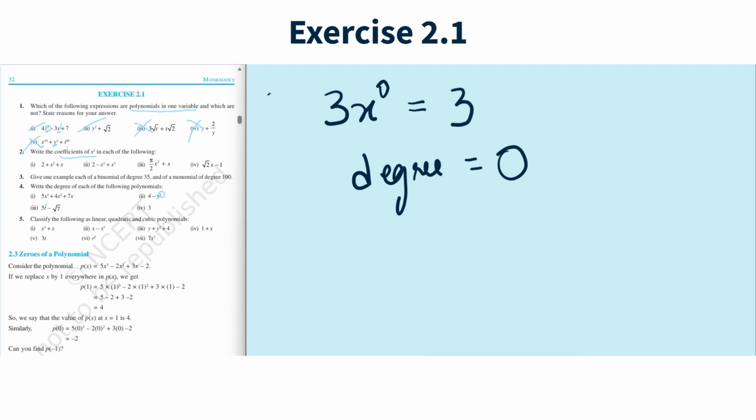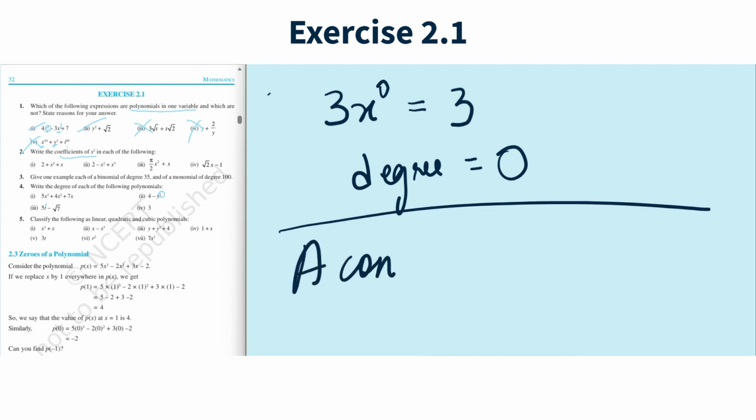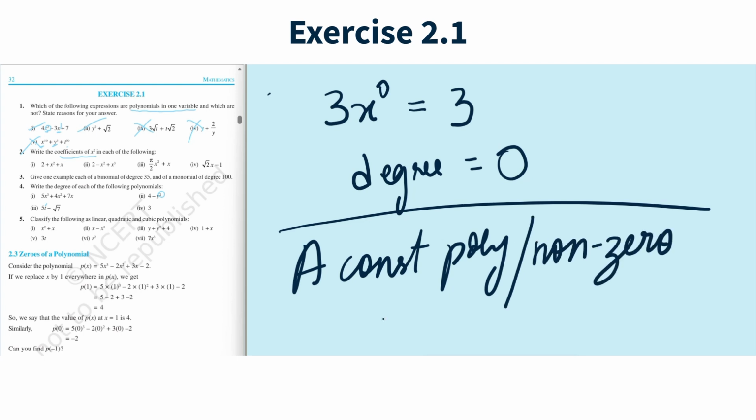So in general, you can remember a constant polynomial, which is also called a non-zero polynomial, always has degree 0. Let's just consider this as a fact. This is always constant. This can never change. So just remember this. If you see a number anywhere and they are asking you for the degree of it, it is 0 all the time.